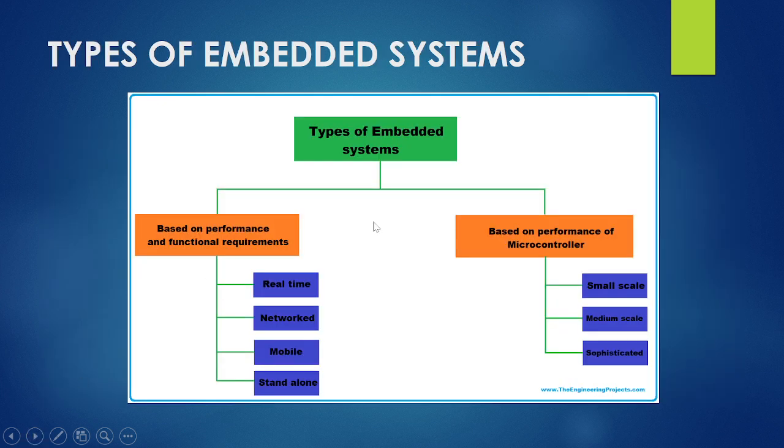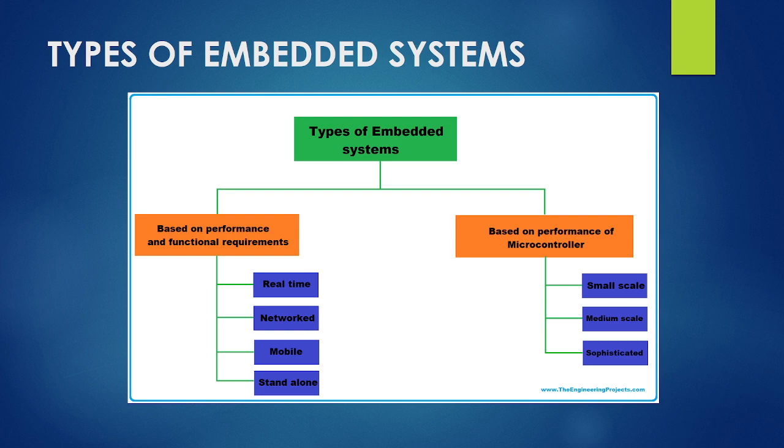Moving forward, there are majorly two ways in which we divide embedded systems. Based on the performance and functional requirements, real-time, networked, mobile, and standalone are the four categories of embedded system. Real-time is an embedded system which has a hard real-time constraint, like any application we use in military, or for national level safety, or applications in a car.